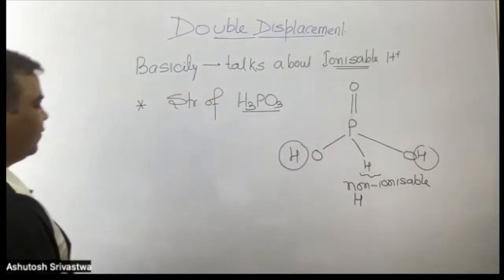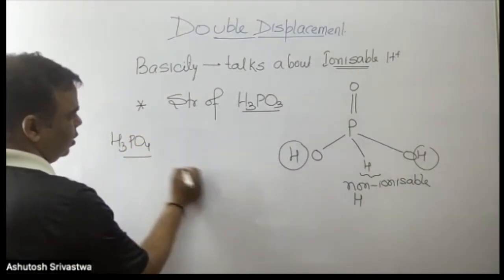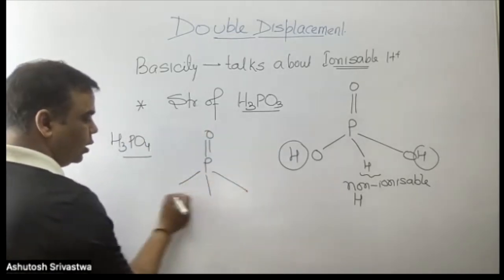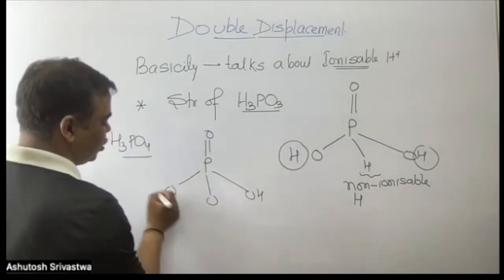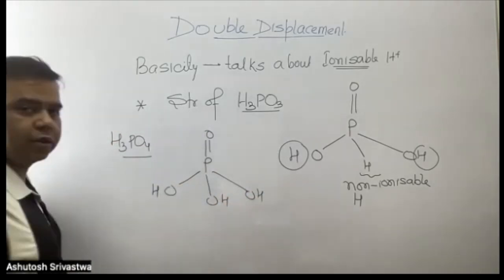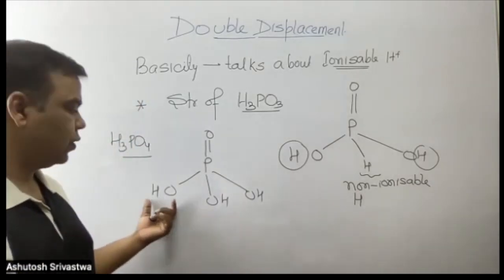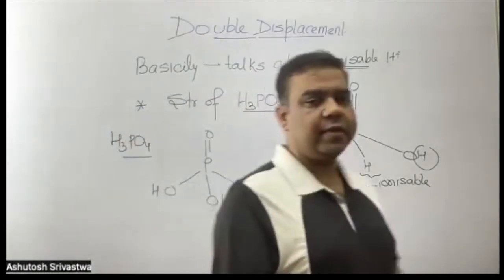Okay. But if you take the H3PO4, you will see double bond O, 1, 2, 3, double bond, O, O, O, H, H, H. There are 3 H here, 3 H here. All H are attached to oxygen atom.